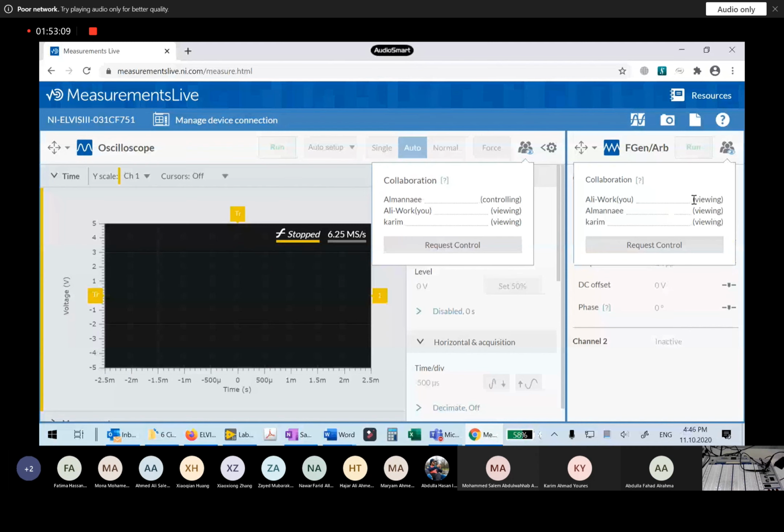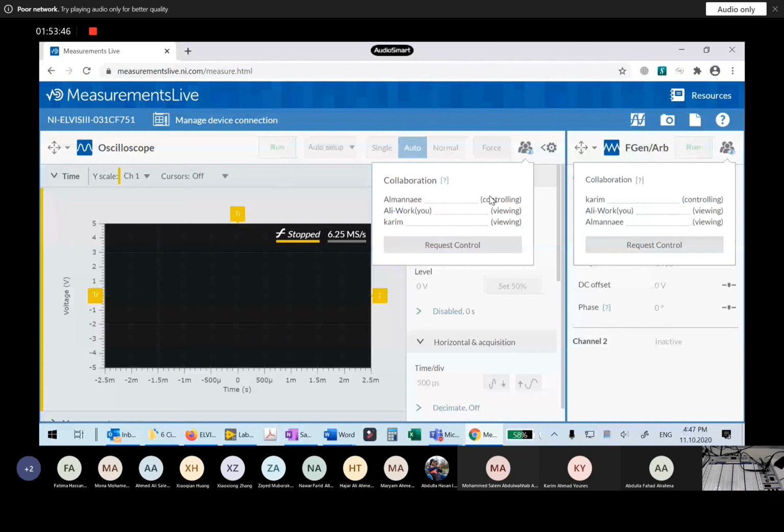The same for the function generator. Manai, can you control the function generator as well? Or Karim, any one of you? Okay, now Karim is controlling the function generator. Manai is controlling the oscilloscope.